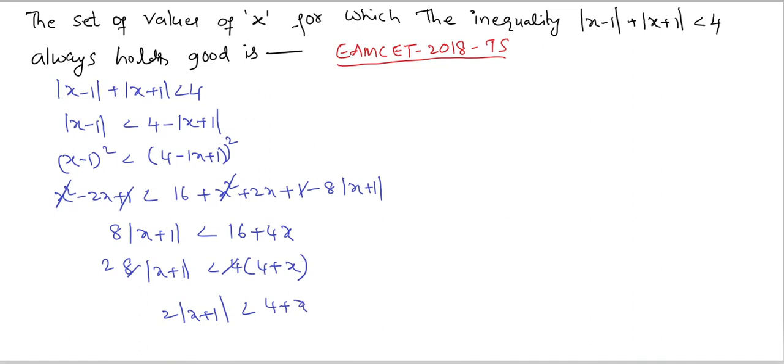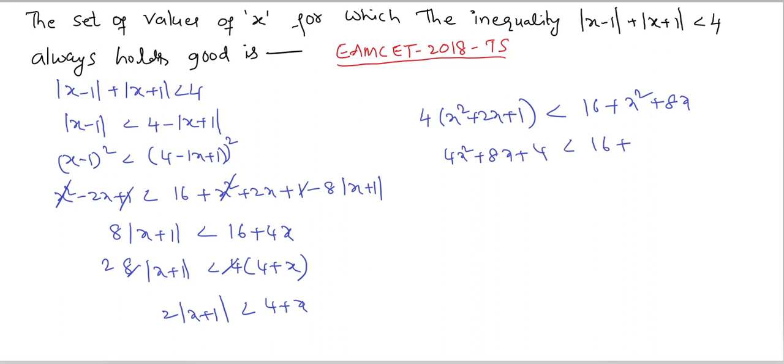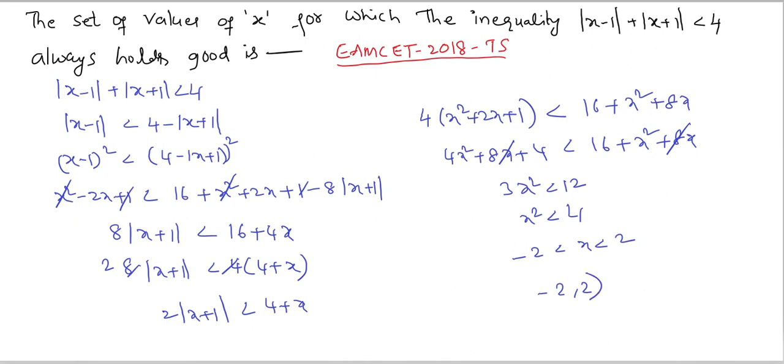Again squaring on both sides, that is 4 into x square plus 2x plus 1 is less than 16 plus x square plus 8x, that is 4x square plus 8x plus 4, which is less than 16 plus x square plus 8x. 8x cancelled, that is 3x square less than 12, x square less than 4. From this equation, minus 2 less than x less than 2. So the set of values of x is minus 2 comma 2.